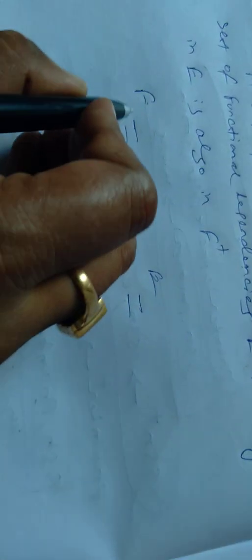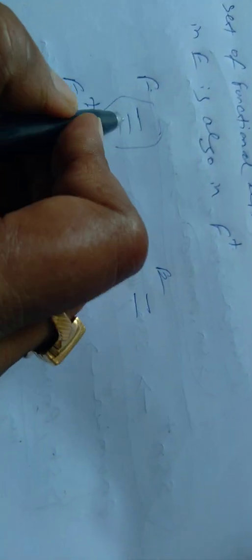Now I am finding F plus, that means the closure of these function dependencies. Suppose I get two or three more function dependencies out of this, so my F plus contains 6 function dependencies.